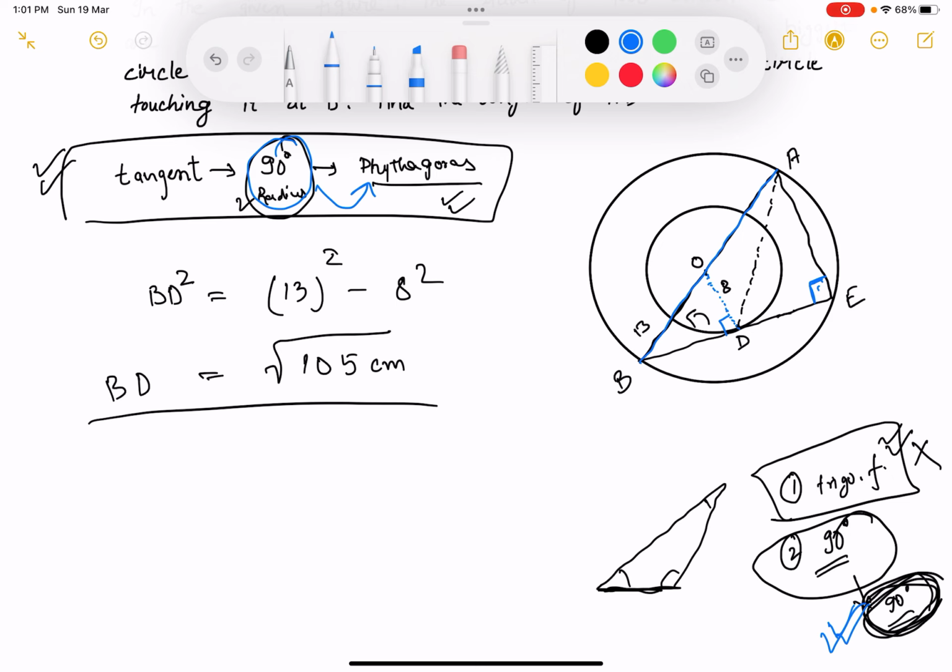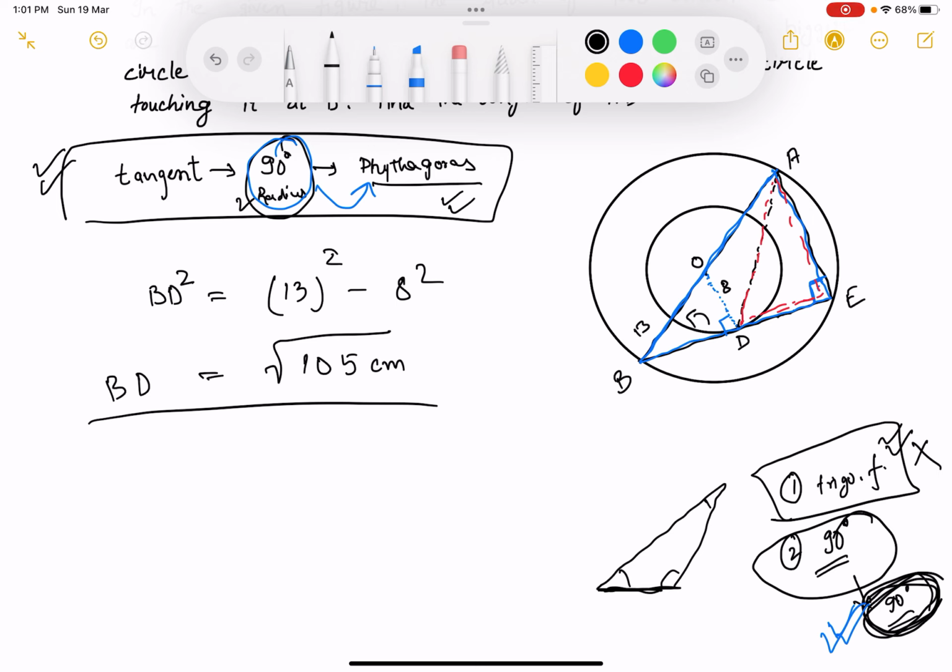One is the bigger triangle, in which we can apply Pythagoras theorem, and then we have this smaller triangle in which we can apply Pythagoras theorem. Okay, so we are going to apply Pythagoras theorem in both these triangles.